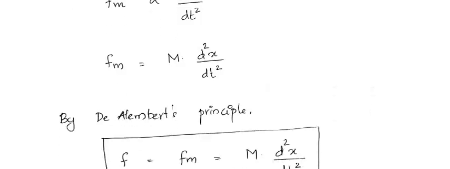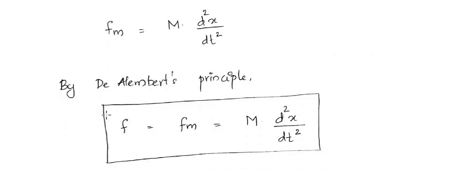So in the case of a mass element, what is the applied force? The applied force is F. And what is the opposing force? The opposing force is due to the mass itself, which is Fm. So now we can equate those two forces. F, the applied force, is equal to Fm, the opposing force, which is equal to m into d square x by dt square.